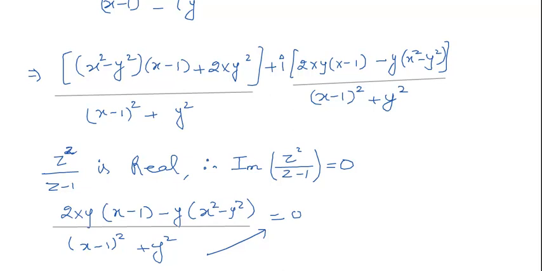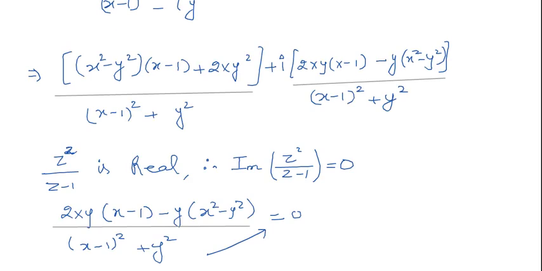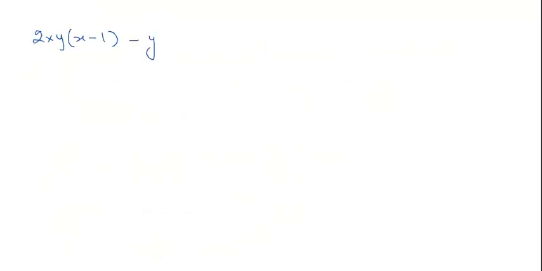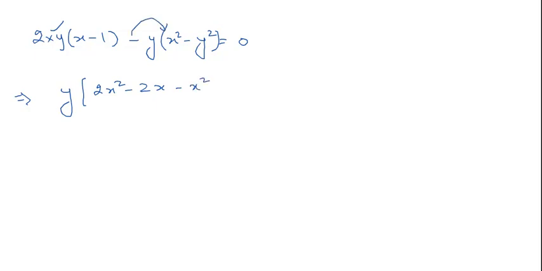Now let us continue this question on the next whiteboard. So we are left with 2xy times (x minus 1) minus y times (x square minus y square) equal to 0. What we can do, we can take y common out of it. So we are left with 2x square minus 2x minus x square, this minus will multiply this, and plus y square equal to 0.